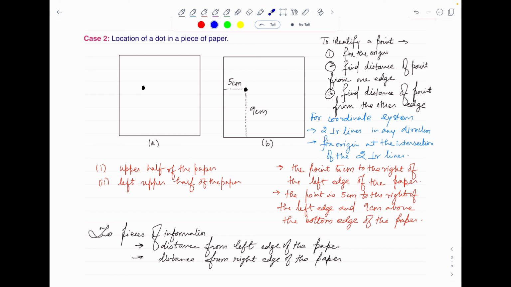He first found the distance from the left edge of the paper, then from the bottom edge of the paper. With these 2 pieces of information, he could specify that the dot was 5 cm from the left edge and 9 cm from the bottom edge of the paper. He could specify the location of the dot on the paper precisely.